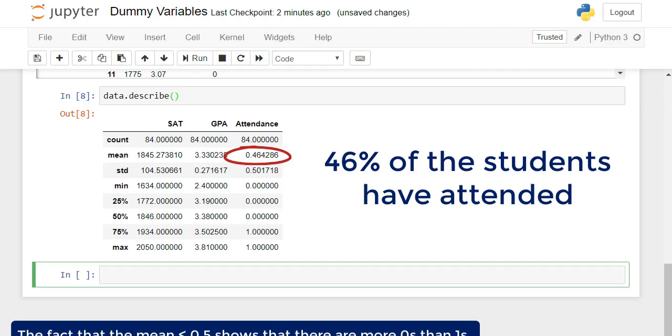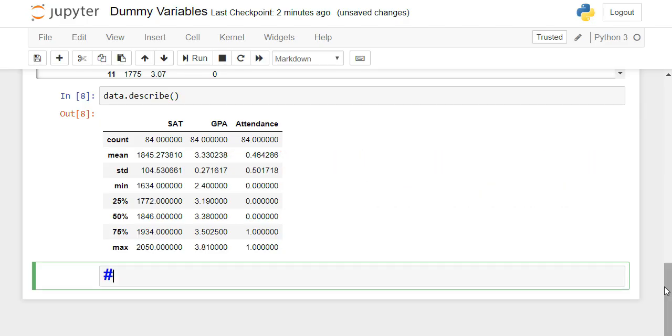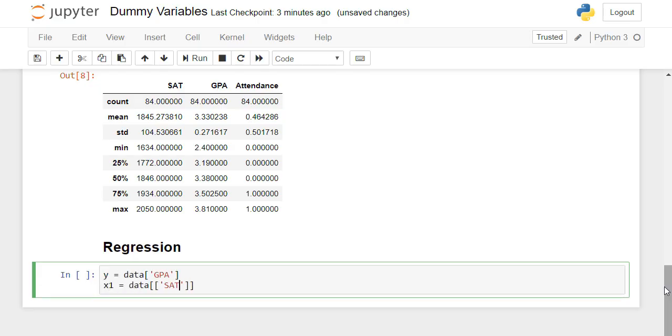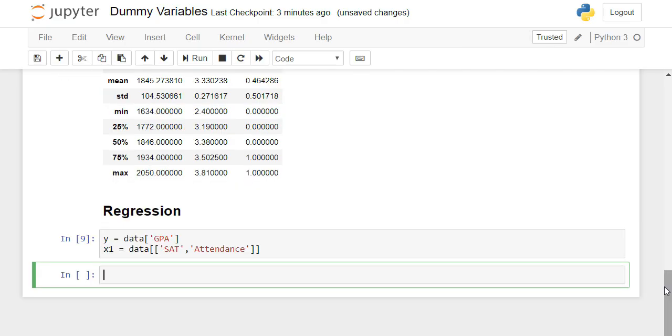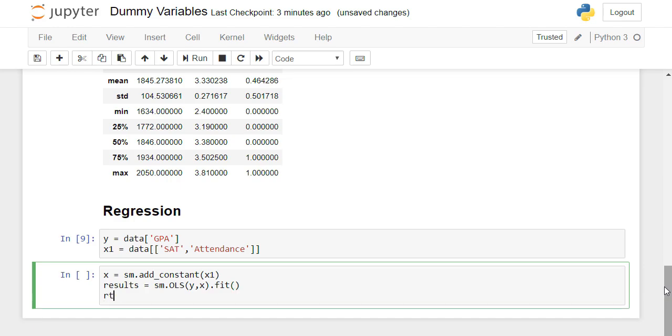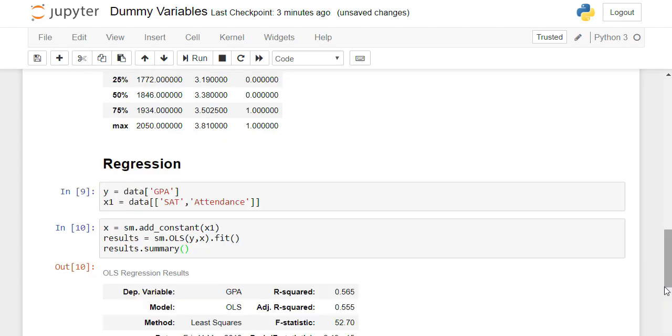In any case, now we can create a regression that explains GPA taking into consideration both SAT scores and attendance. I'll load GPA in y as usual and SAT and attendance in the variable x1. Once again, we must use the statsmodels method for adding a constant. Then we can fit the regression and get the summary as before. The result is the following.